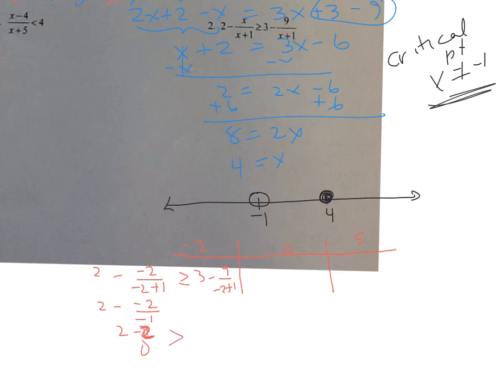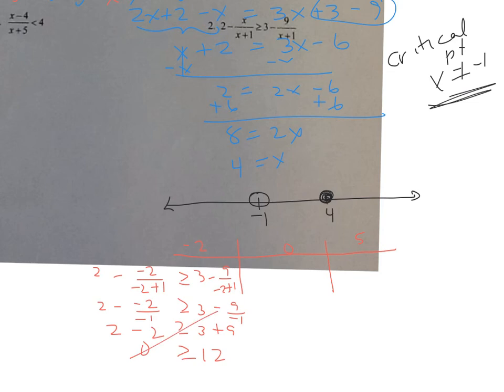And I want to see, is that greater than or equal to 3 minus 9 over negative 1, which is 3 plus 9, which is 12? So is 0 greater than or equal to 12? No, that's not true, so we don't shade to the left.